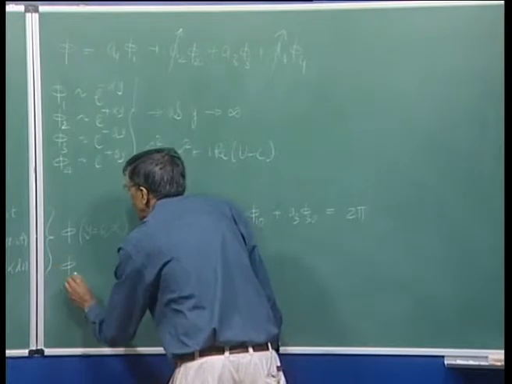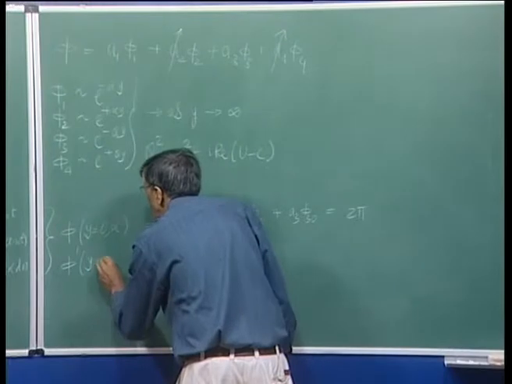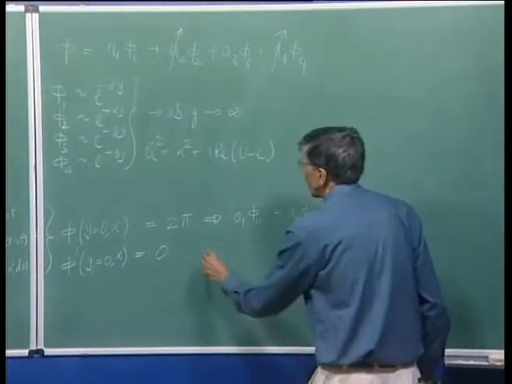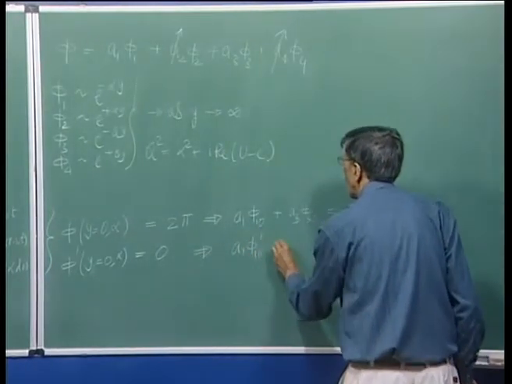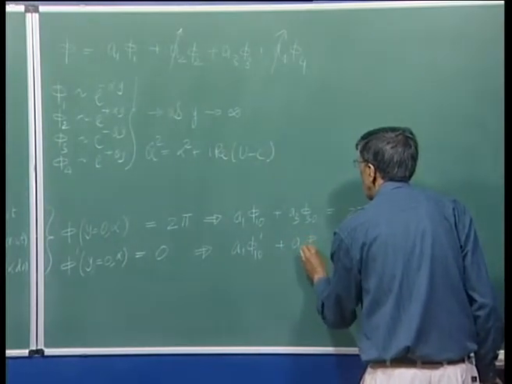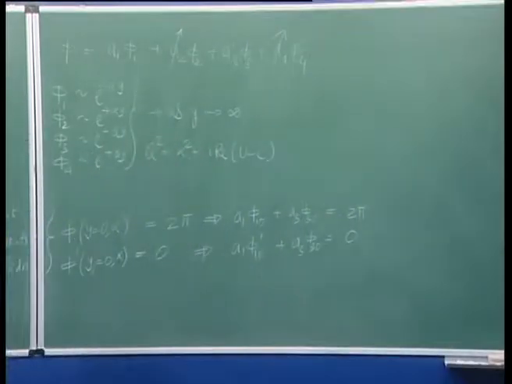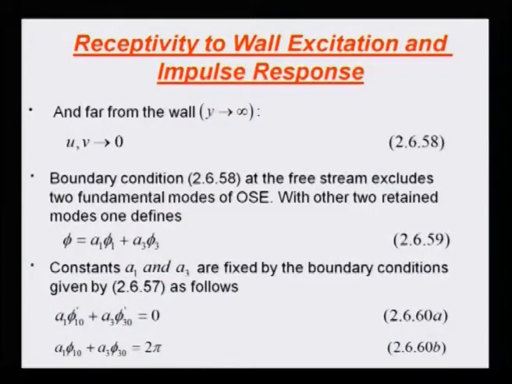So, basically we also need phi prime at y equal to 0 for all alpha to be identically equal to 0, and this gives you this. So, that completes your description of receptivity.